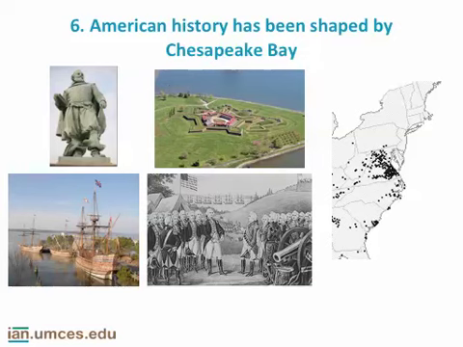You can see ships at Jamestown, one of the first American colonies, and then George Washington ending the Revolutionary War with General Cornwallis at the mouth of the York River, Yorktown. And a lot of these Civil War battle sites in the map on the right dot the Chesapeake watershed. You can't go very far without finding an arrowhead, a musket ball, or some remnant of American history.